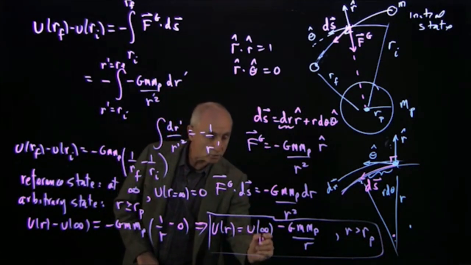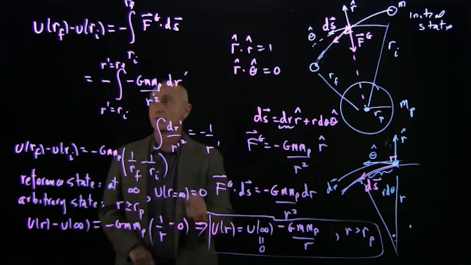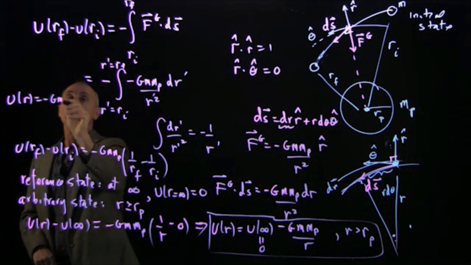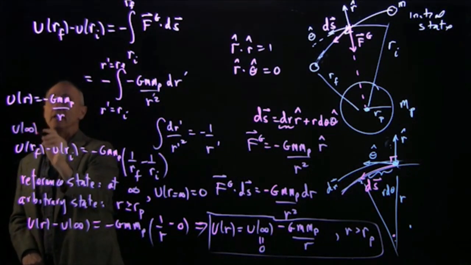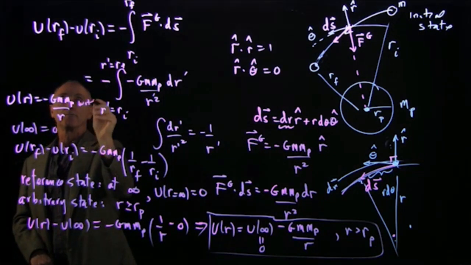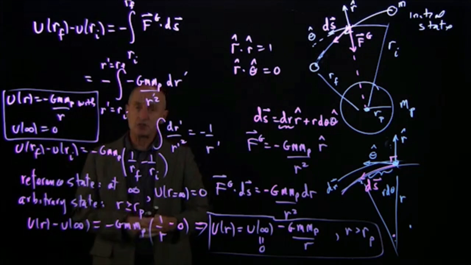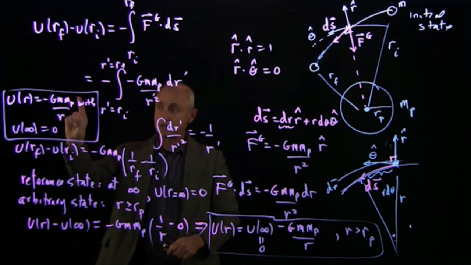But now remember, we're choosing infinity to be our reference point. And so the real conclusion is U of r equals minus G m M planet over r, with U at infinity equal to 0. Now, let's just finish this by saying in words precisely what this means.